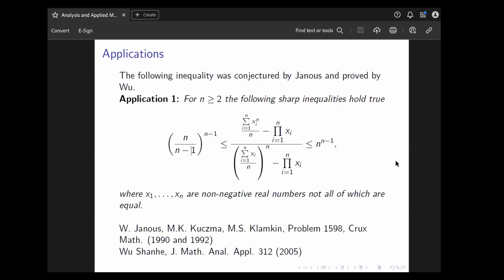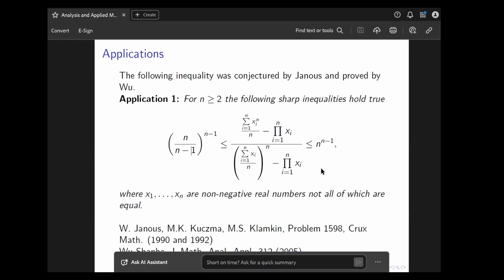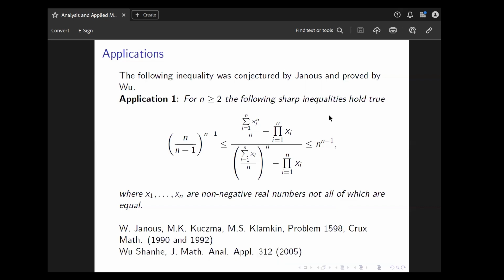I skipped the proof, which is very detailed. So instead, I want to show you some applications. So the first application is this inequality. So one can give a new proof for this inequality, which was proved in 2005 in the paper by Wu, Journal of Mathematical Analysis and Applications.